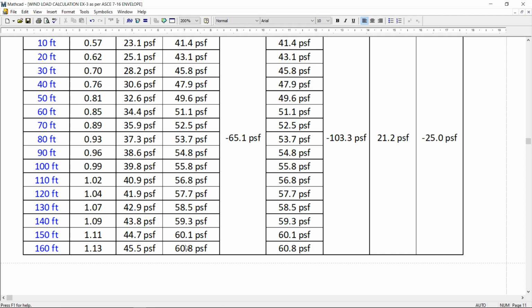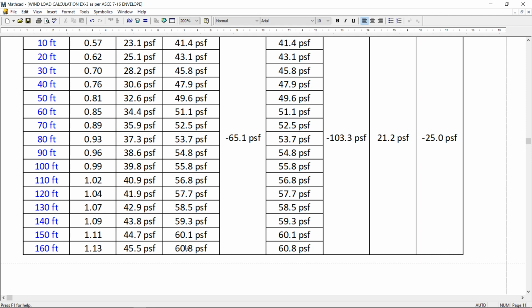But at the same time, if there are panels, components and cladding, then you have to calculate the wind force on the components and cladding according to the ASCE 7-16 procedure. Then your cladding should withstand this pressure. That means you have to ask your manufacturer to make sure that the panel meets this pressure, and the thickness of the panel should be ensured by the manufacturer so that it withstands the pressure.